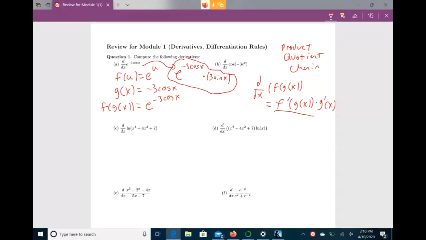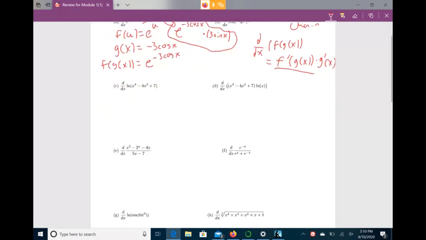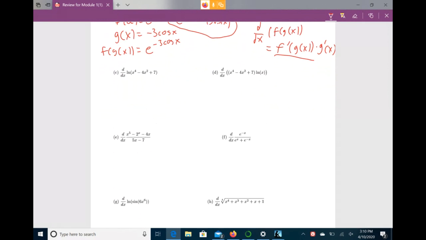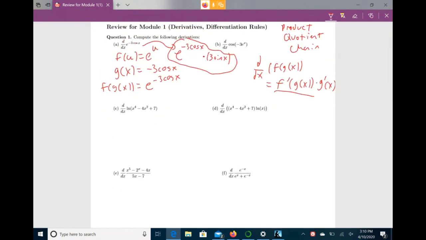All right. So I'm going to break out into groups, and I want y'all to look at, say, the next 3. State what rule you're using, and then label the functions. For example, if you're using the product rule, say which function is u and which function is v. Okay?